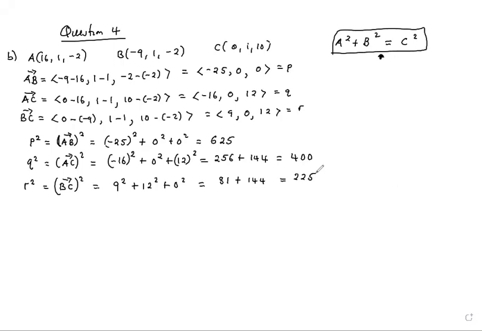So as you can see, if we add Q squared plus R squared, we're likely to get P squared. So let's see, 400 plus 225 is equal to 625. So because the Pythagoras theorem has been satisfied here, it means that triangle ABC is right angled.